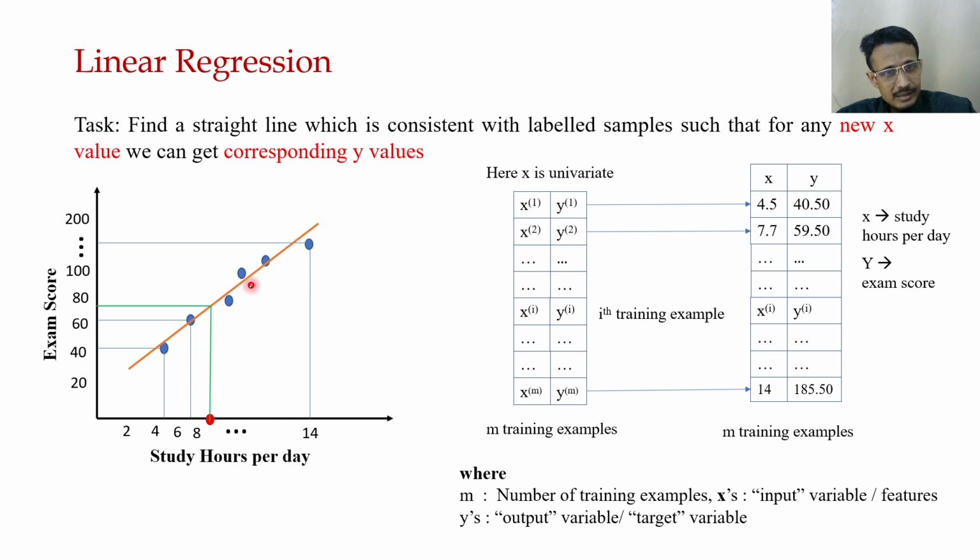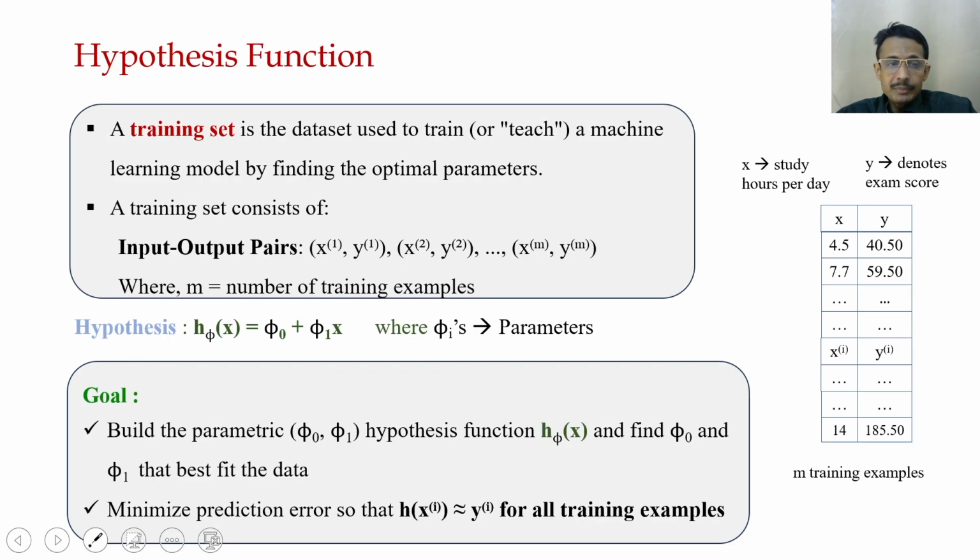In this example, it is a straight line that best represents the data points. So how can we get this best straight line? We have to minimize the prediction error so that the prediction h of x i is very close to the target for all training examples.